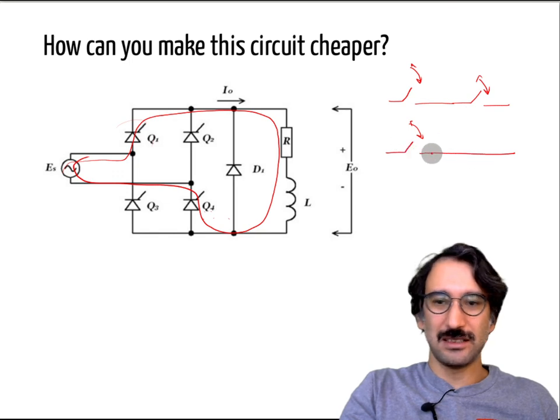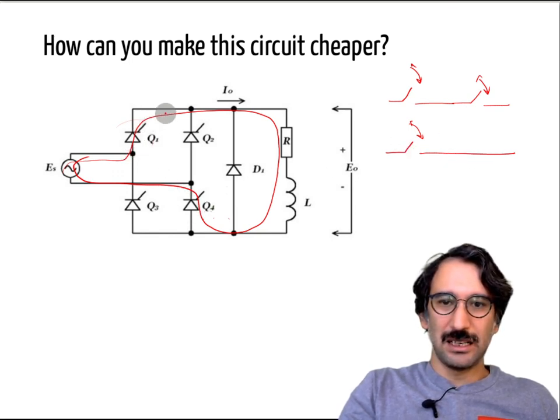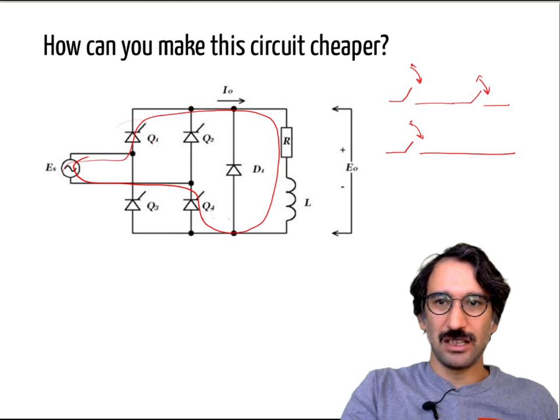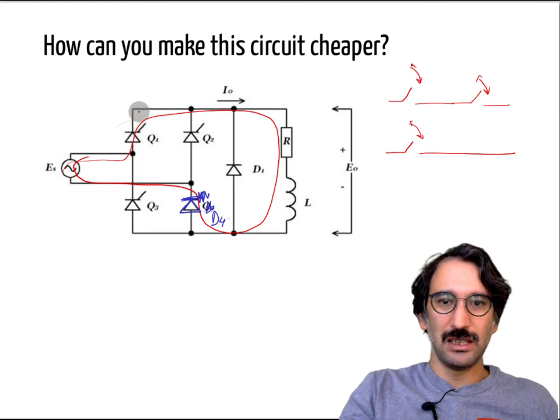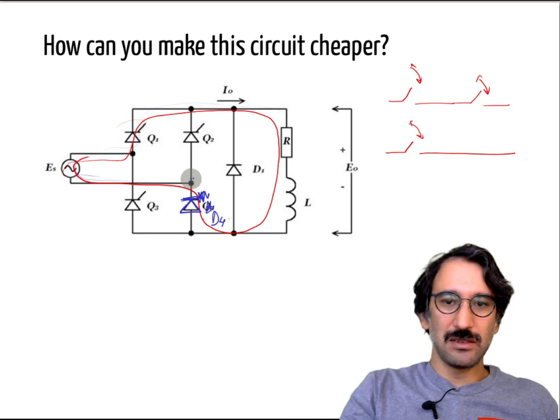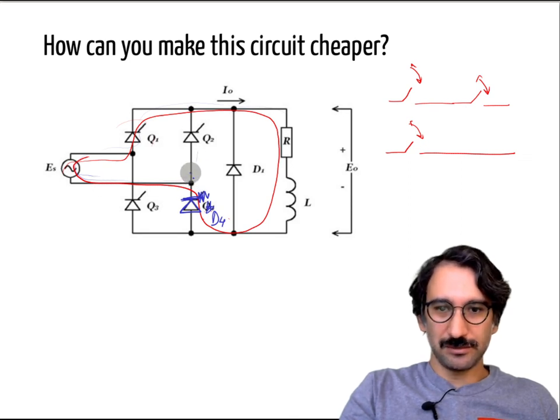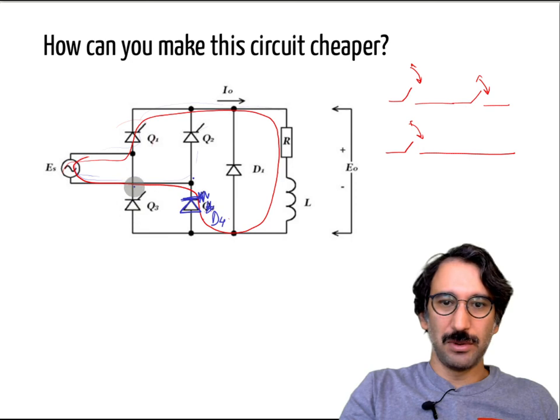I can do that by changing those, not with a thyristor but with a diode. Let's say you replace that one with a diode. Whenever you open that thyristor, the current can still flow like that, and it will not affect its operation. The same thing can be applied for that one. If you are opening that one, the other one can be changed with a diode as well, right?